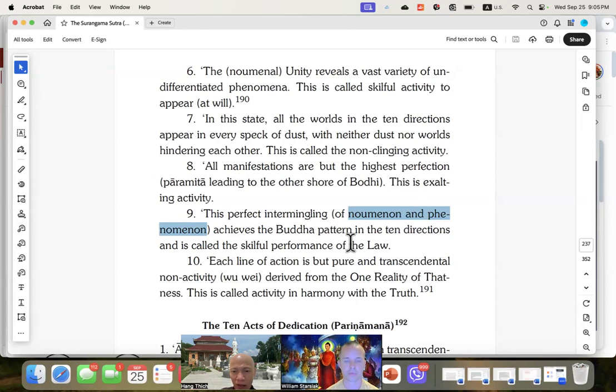So as long as we have the combination, the union of a pure nature and our external observation through our senses, we can have that skillful performance. That achieves the Buddha pattern in a simple Buddhist sense: if we focus our mind, if we see things as they are, without any discrimination or discriminative thought, at that time we achieve the Buddha pattern.